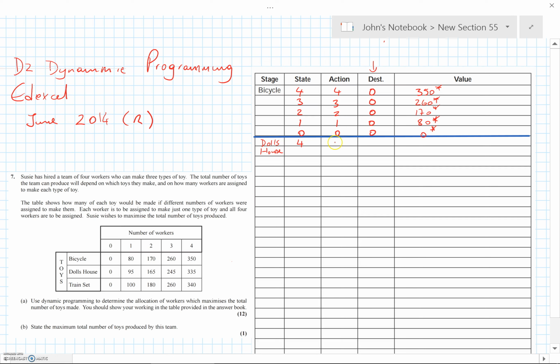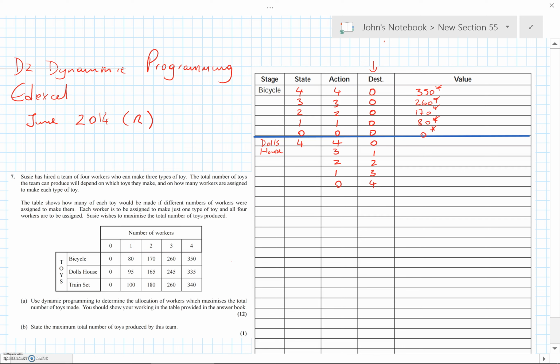And then it's possible that they all actually do doll's house, or 3, 2, 1 and 0. If they all do doll's house, then of course there won't be any available for bicycle. But if 3 of them do doll's house, when 4 were available, there will be 1, 2, 3 and 4.